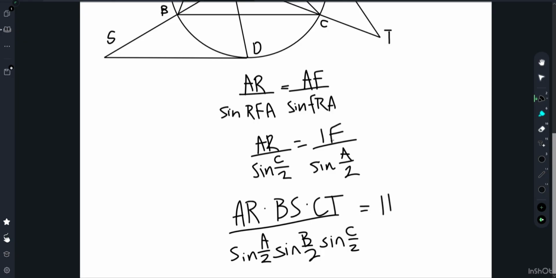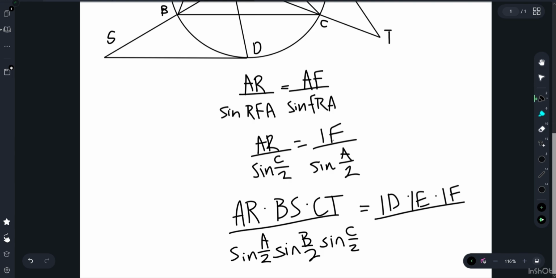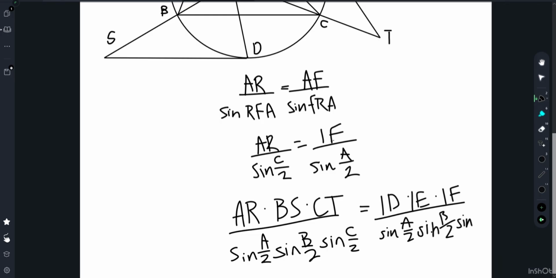This is equal to ID times IE times IF all over a similar sequence: sine A over 2, sine B over 2, sine C over 2.